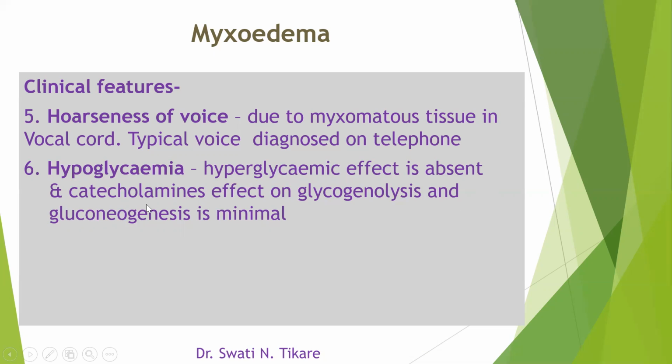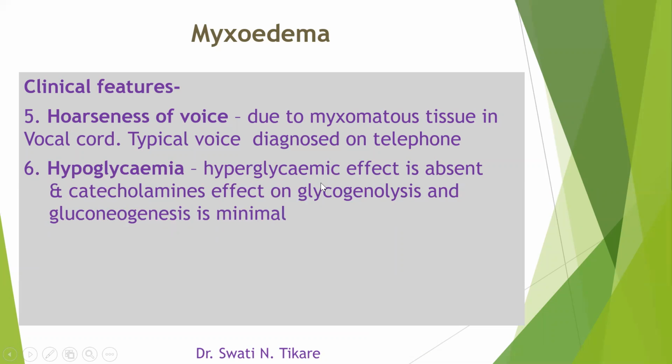Hyperglycemic effect is absent because in deficiency, hyperglycemic effect is in coordination with catecholamines. So when T3, T4 are deficient, their hyperglycemic effect is absent. And the catecholamines normally in addition also cause glycogenolysis in presence of T3, T4, and gluconeogenesis.